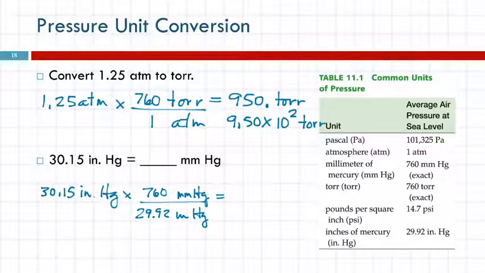My calculator shows me 765.84 and then 2246, a whole bunch of numbers. How many significant figures? 4. The starting number has 4. The 760 is exact. This 29.92 is not exact. Well, wait a minute.